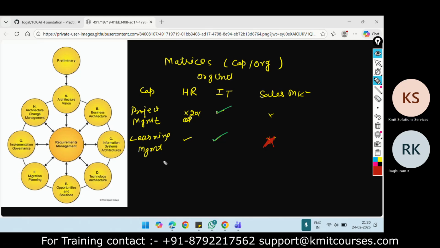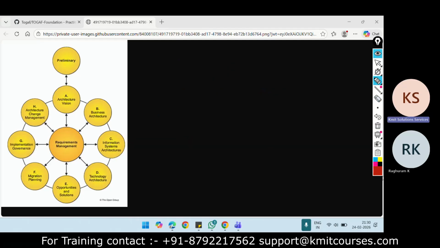Next is the diagram. So third is diagrams. When we are talking about diagrams, these are nothing but pictures of things.